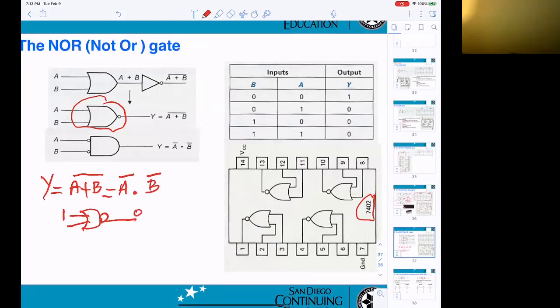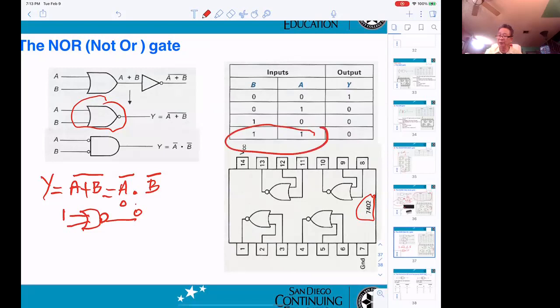The thing is, NOT 1 will be 0, and 0 AND anything will be 0. So for the NOR gate, if one input equals 1, the output must be 0.